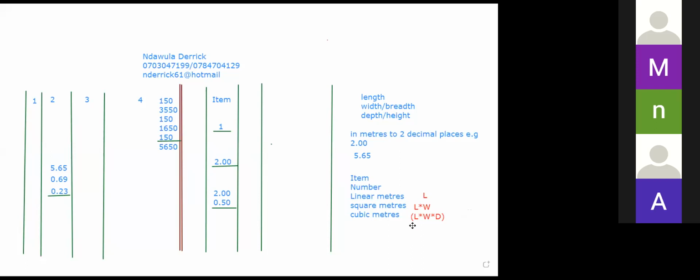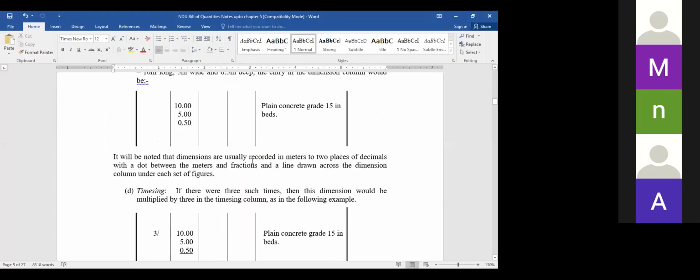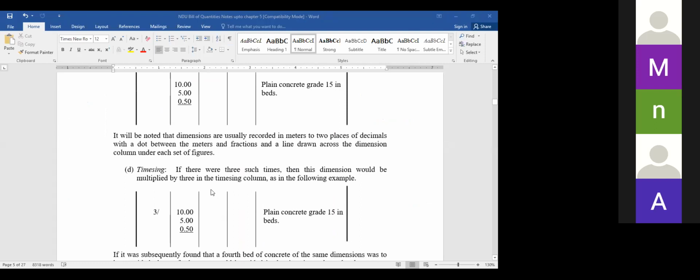Okay, so to carry on, what we have looked at is the dimension column so far, and now we enter the dimensions into the dimensions column.